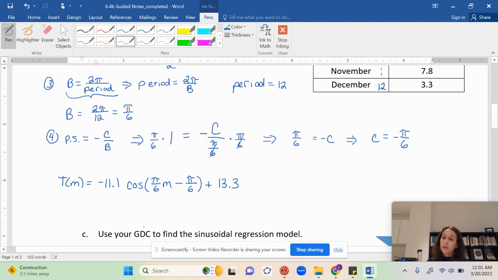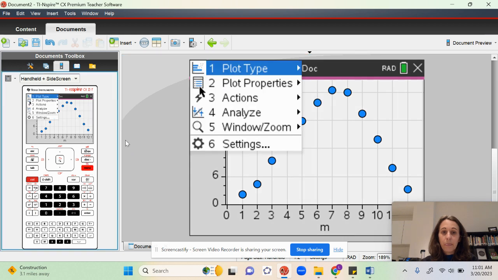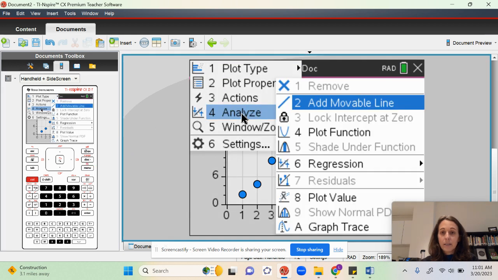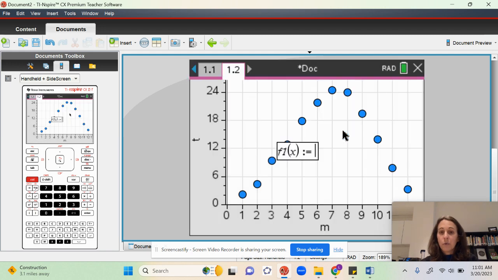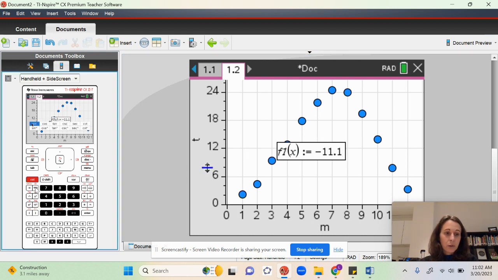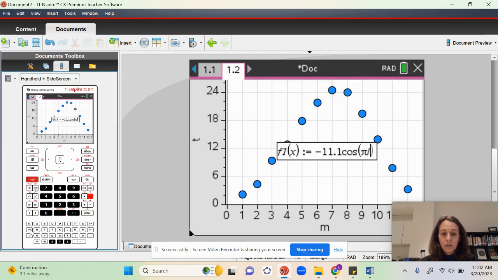Now, the really cool thing that we can do now is go to our calculators, and we can actually graph that function on the scatter plot and see how well it fits. To do that, you want to press Menu, Analyze, and plot function. The function was negative 11.1 times cosine, so trig, cosine of pi over 6.